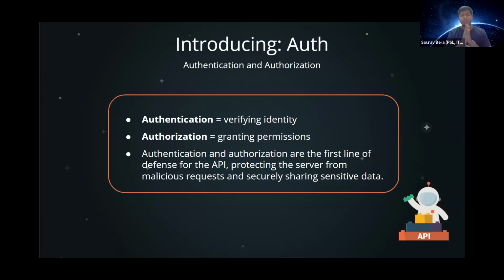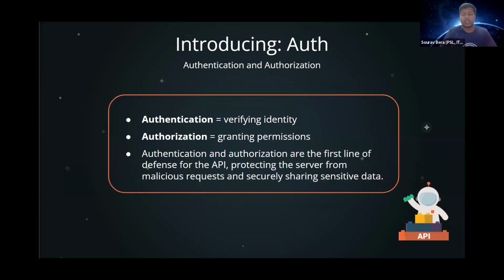Basically, when we talk about auth, it's an abbreviation of two things: authentication and authorization. Authentication merely means verifying the identity of an individual. And authorization is granting permission or access to resources.